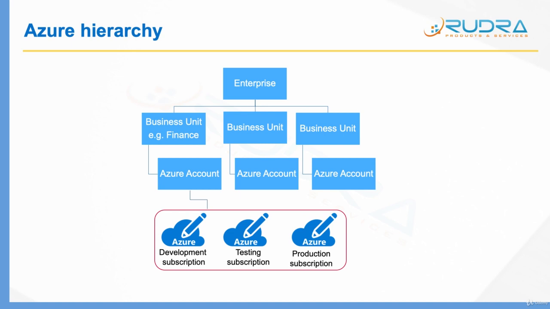So you can have a dedicated AD tenant for finance, a dedicated AD tenant for HR. And you start creating subscriptions under the tenants. Okay, so this is how you will organize at the highest level if you go with an enterprise agreement. But from that point onwards, everything is the same as what I showed you in the previous slide.